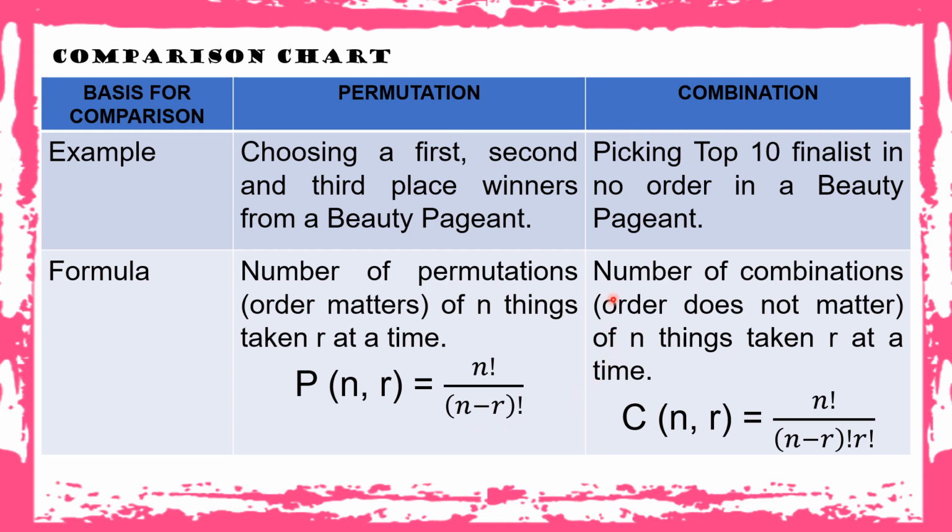While in combination, the formula, number of combinations or order does not matter of n things taken r at a time, combination of n and r is equal to n factorial over the difference of n and r factorial multiplied by r factorial. So these are the differences of permutation and combination.